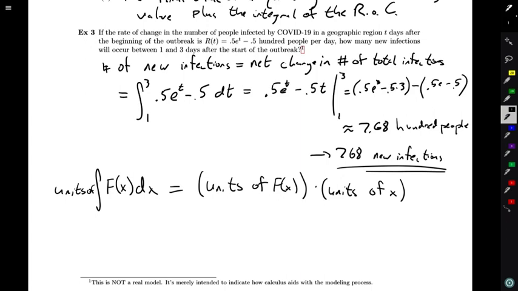Again, this should work nicely with your intuition from derivatives, where we said that the units on a derivative are the units of the output divided by the units of the input. Since integrals work in the other direction from derivatives, it should make sense that we have units of output times units of input.